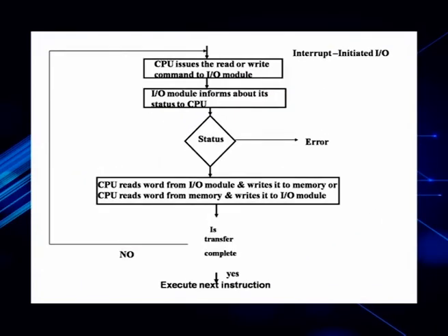When the CPU receives such a signal, it temporarily stops the execution of the program and branches to a service program to process the input output transfer, and after completing it returns to the task it was originally performing. The execution process of interrupt initiated input output is represented in the flow chart.